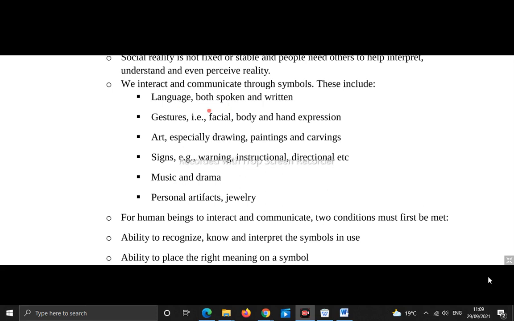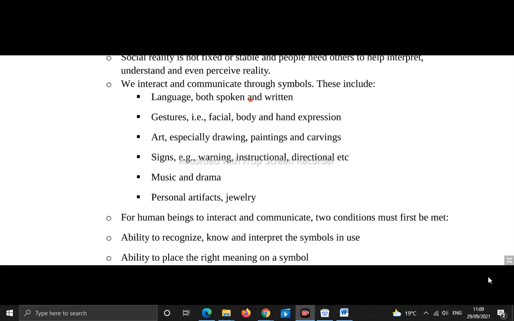It can be in Chinese, Japanese, German, French, Arabic, and the like. Those are languages. It can be Kikuyu, Kiswahili, Luo, Kikamba, Kiluya, Kikisi. Those are spoken languages, or if it is written down on a book, it is written.